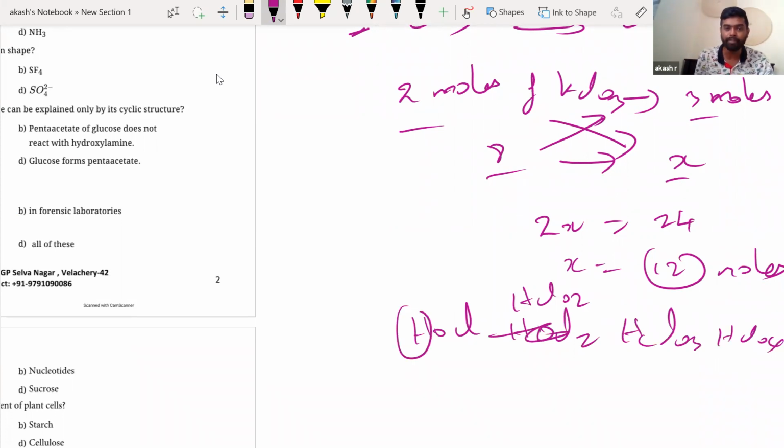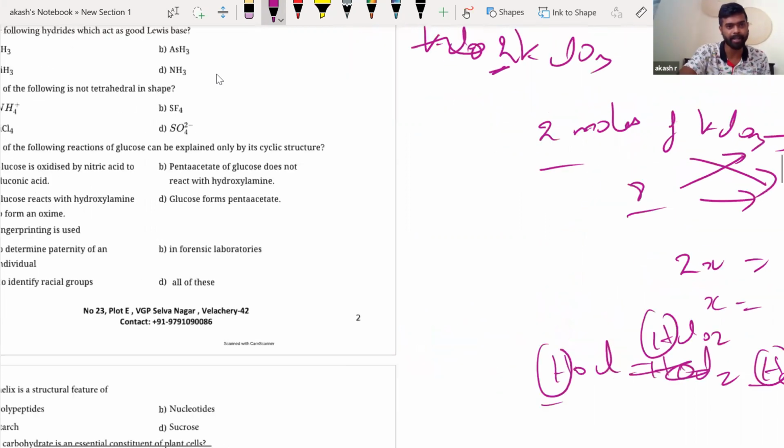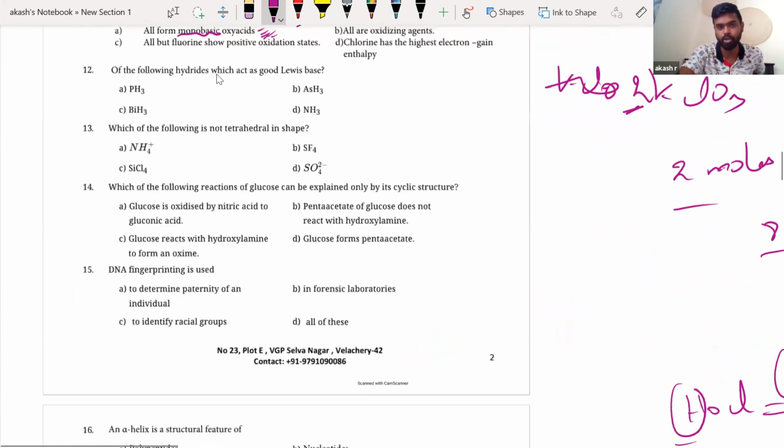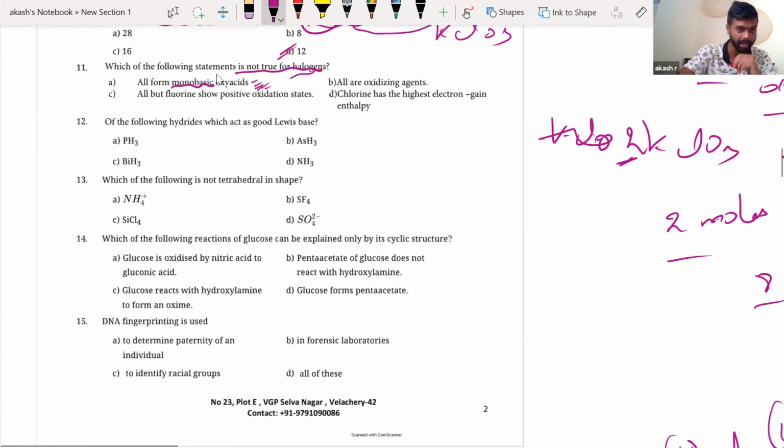Now you see that all of them have only 1 H associated with them. That means not only in the case of chlorine, even in bromine, iodine, whatever you see, there is only 1 H plus possible. So option A is correct. That means it is not a false statement, it is a true statement. Okay, next.